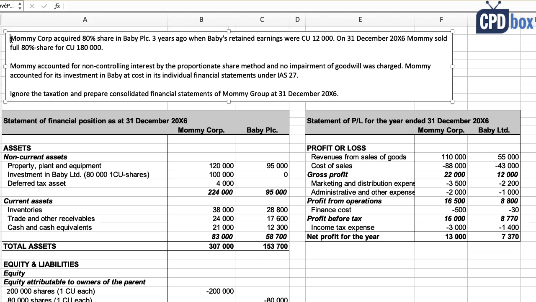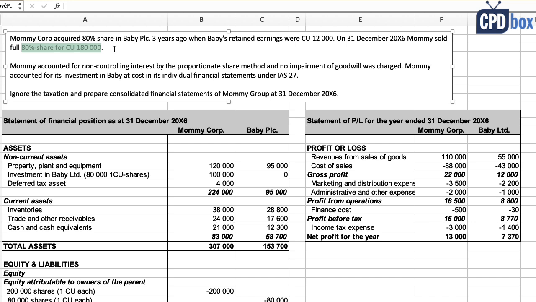Mummy Corporation acquired 80% share in Baby PLC 3 years ago when Baby's retained earnings were 12,000 currency units. So let's assume there was control and Mummy needed to consolidate fully. On 31st December 2006, Mummy sold full 80% share for 180,000 currency units.